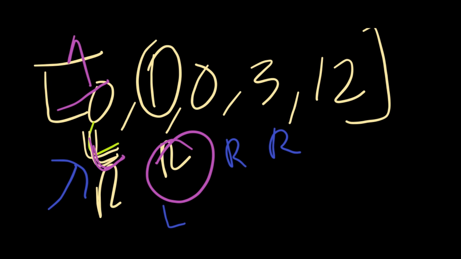Now 3 is a non-zero element, and what do we do? Since we've encountered a non-zero element, the algorithm is: swap spaces with the left pointer, and the left pointer only moves after the right pointer has encountered a non-zero element. So now that 3 is a non-zero element, we know that it is time to swap spaces with our left pointer.